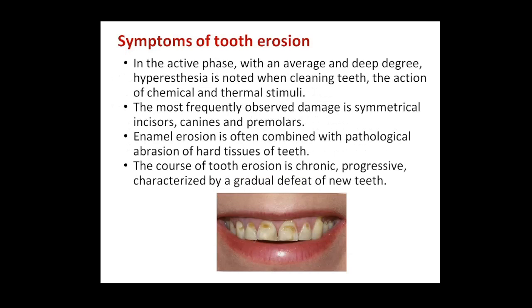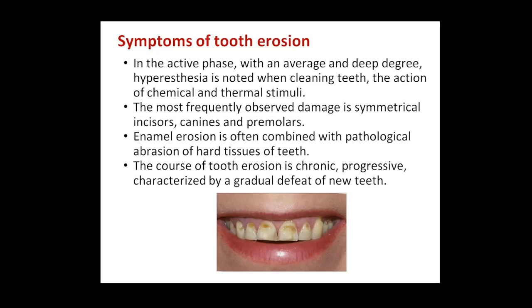In the active phase, with an aggressive and deep degree, hyperesthesia is noted when cleaning teeth, and with the action of chemical and thermal stimuli. The most frequently observed damage is symmetrical on incisors, canines and premolars.